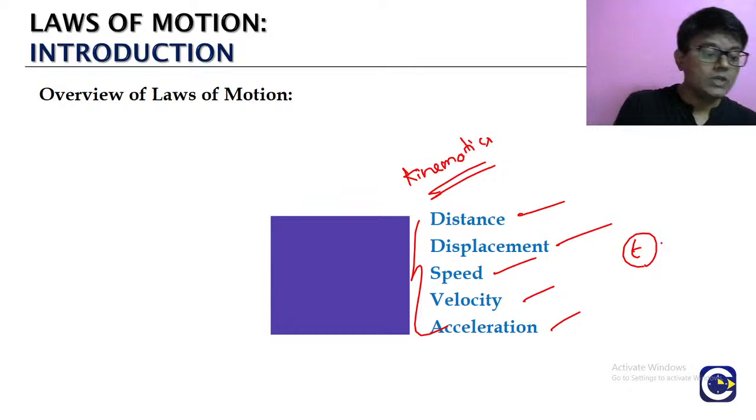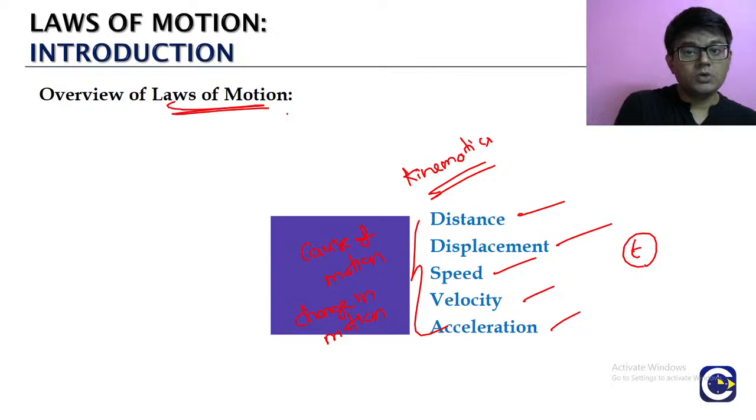Here, when you look at motion, the cause of motion or the cause of change in motion is basically what we are going to understand in this laws of motion chapter.